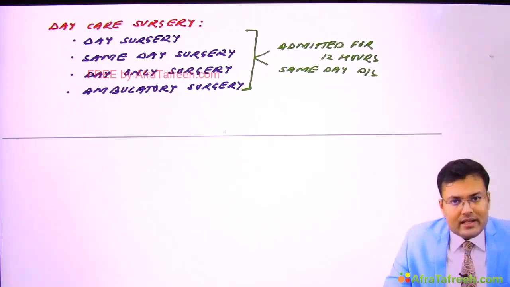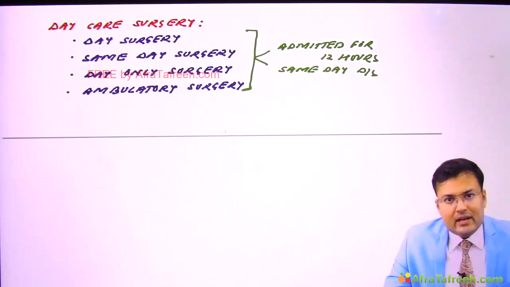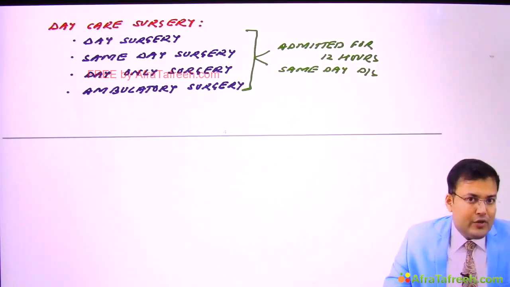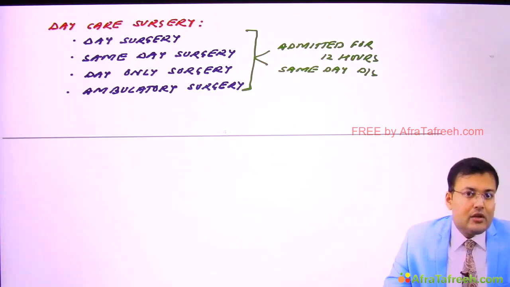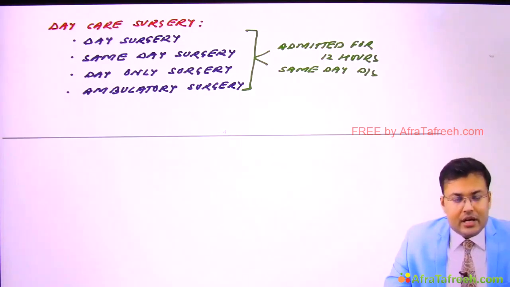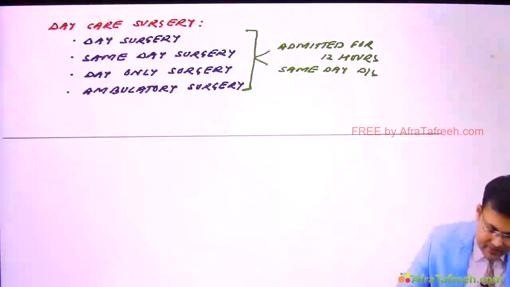There are two other questions which are also asked. One is overnight stay surgery. So here patient is going to stay in the night and the patient is admitted for 23 hours. There is early morning discharge and there is short stay surgery. In short stay surgery, patient is admitted for 72 hours. So two important questions.